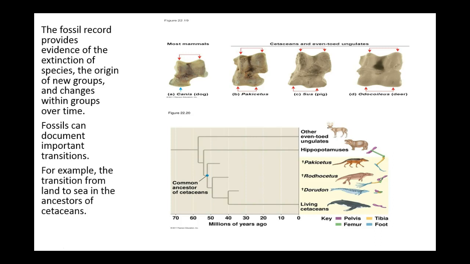And then these fossils provide the evidence between a deer and a hippopotamus. The closest ancestor we have to living whales and porpoises, etc., is a hippopotamus. And you can trace that back to a common ancestor if you look at the fossil records of the animals in between.